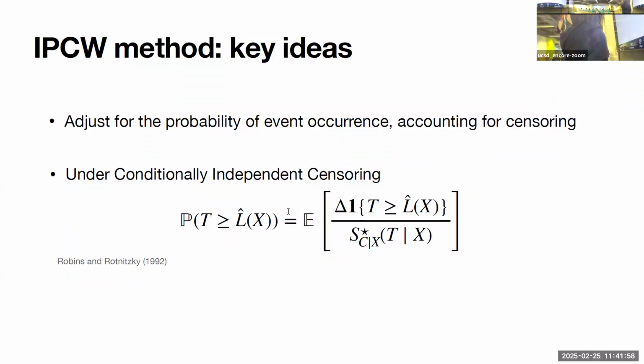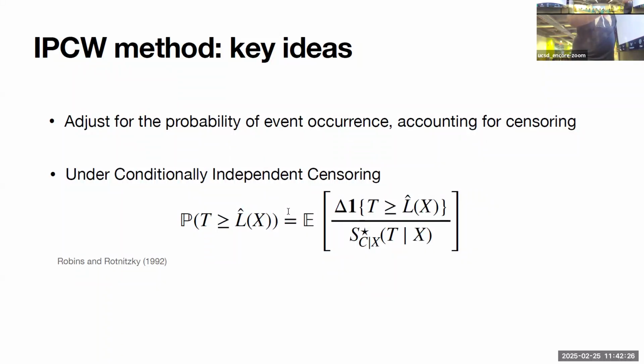And the way we'll do that is we need to get rid of the censoring mechanism. And so we need to inverse probability censoring weight by the distribution of censoring evaluated at T given X. It turns out that the expectation of this statistic, if I know the censoring distribution, I can actually estimate this quantity from data. That's an unbiased estimator for what I want to calibrate.